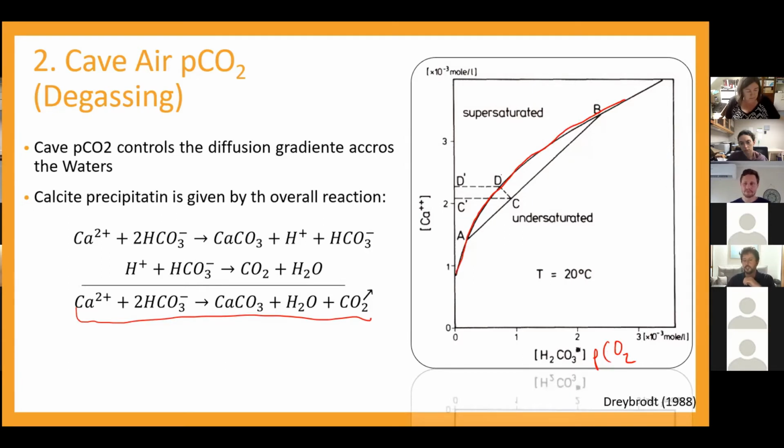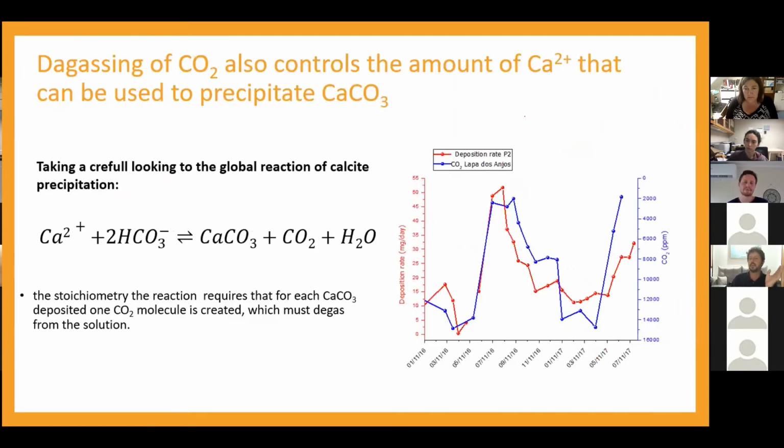So imagine a concentration that is pretty common to see in caves, like 2 micromole or 3 micromole per liter. And then if the CO2 of the atmosphere decreases, the composition moves to here, and we have precipitation of calcite. So the degassing plays a really important role.